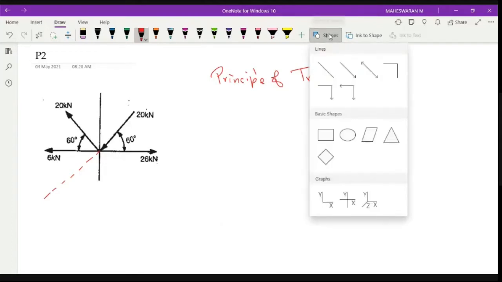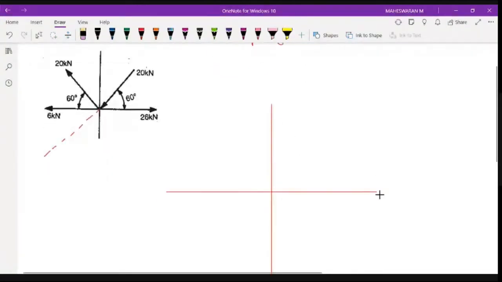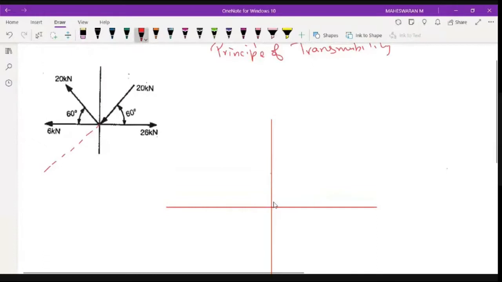Let me draw one xy axis, something like this. This is my axis, right? In this, what are the forces I have? I will just put a plus sign wherever your force starts. My 20 kilonewton is starting here. I put a plus here, so it is in the second quadrant, which means I can mark it here.